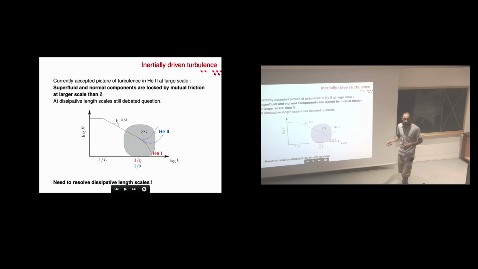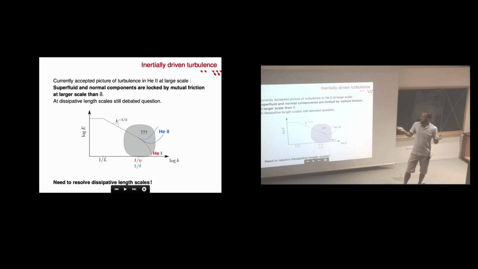And once again, it happens the same way. It seems to happen the same way in helium-1 and helium-2. You observe a k to the minus 5/3 with the same amplitudes. So this is interpreted as the fact that in helium-2, the two components of helium-2, the normal and superfluid, are locked together by the mutual friction.